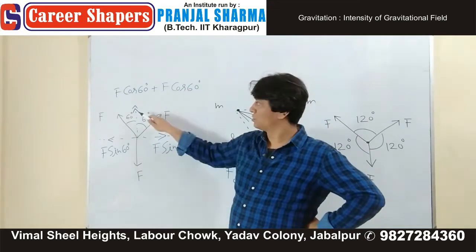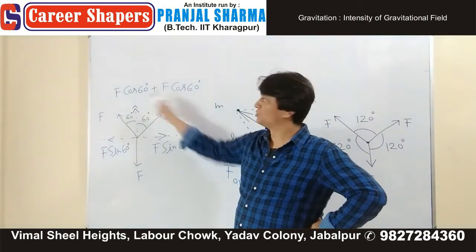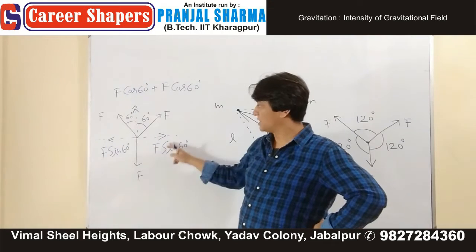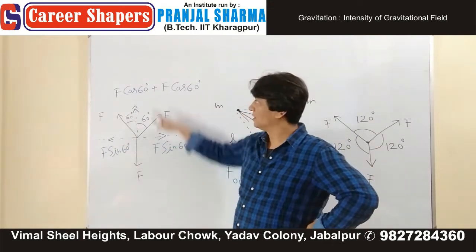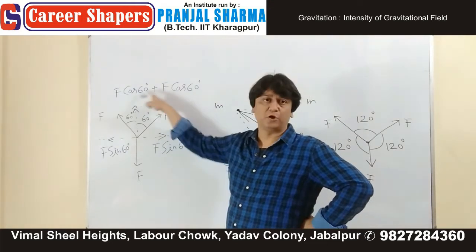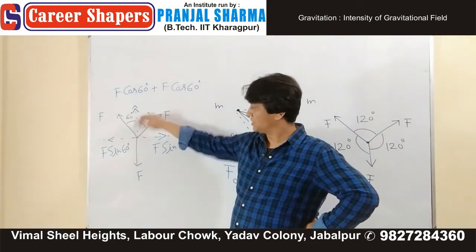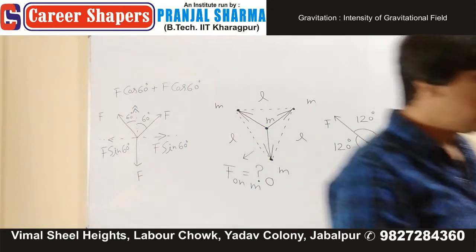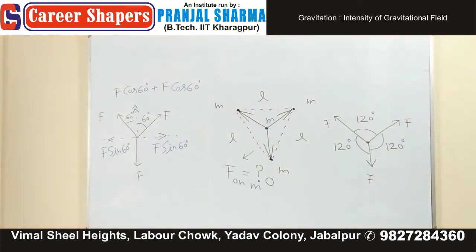There are two, and therefore I have added these two components. Now F sin 60 and F sin 60 will cancel each other. Cos 60 is 1 by 2, cos 60 is 1 by 2, F by 2 plus F by 2, F. This F and this F will cancel each other, and the net force will be 0.